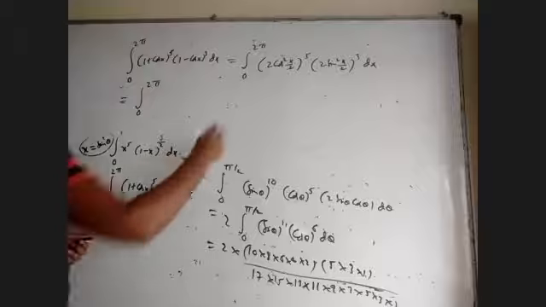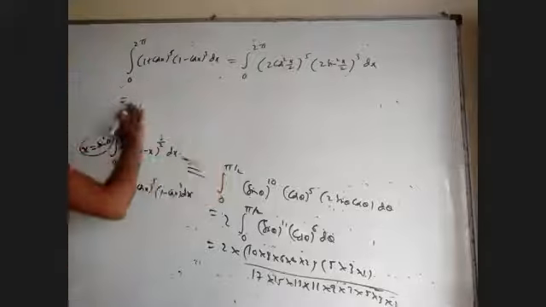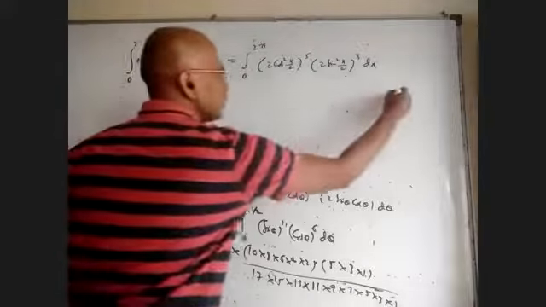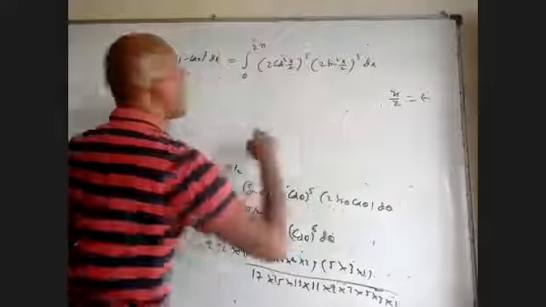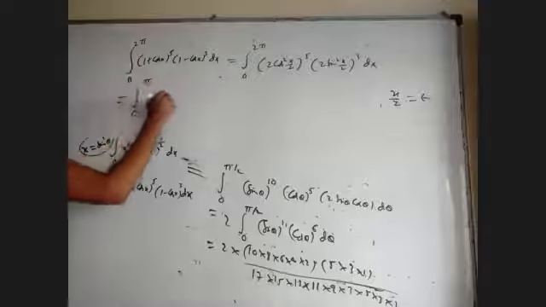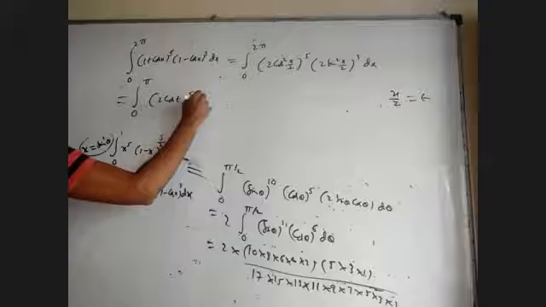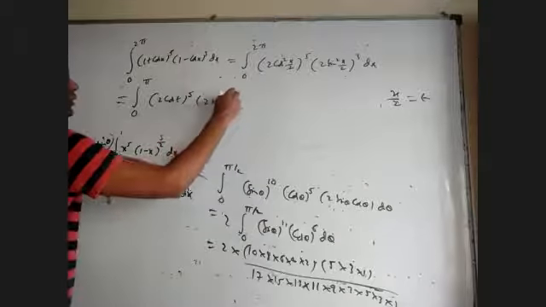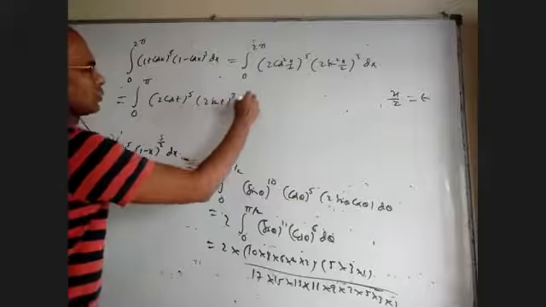I think it is better to take x by 2 as t. I can take x by 2 as t, then the limits will change. It will be 0 to pi, 2 cos t whole power 5, 2 sin t whole cube, and dx will be 2 dt.